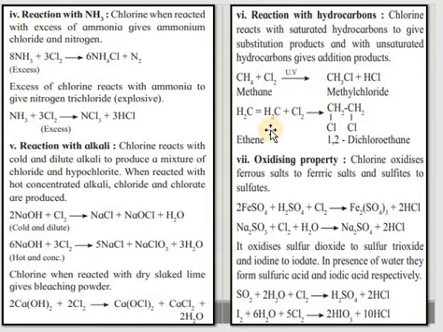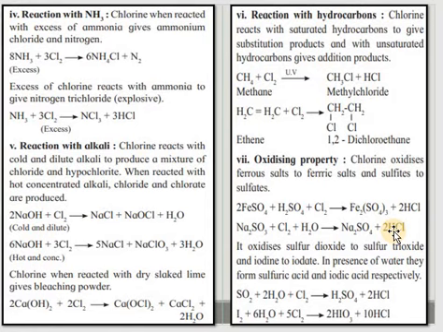Oxidizing property. Chlorine oxidizes ferrous salts into ferric and sulfites into sulfates. Like ferrous sulfate, in the presence of sulfuric acid, if it is treated with chlorine, it will turn into ferric chloride and HCl gas. Sodium sulfite with chlorine water will turn into sodium sulfate and HCl.